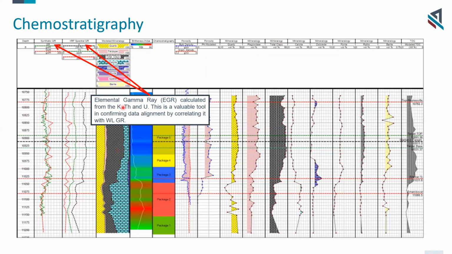You can see a change in the lithology there, which is reflected in the mineral model. It's also found in the gamma ray. And then when we look across, we can see changes in the actual mineralogy distribution.